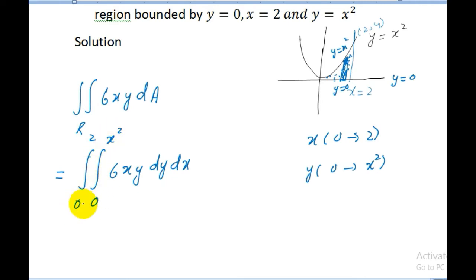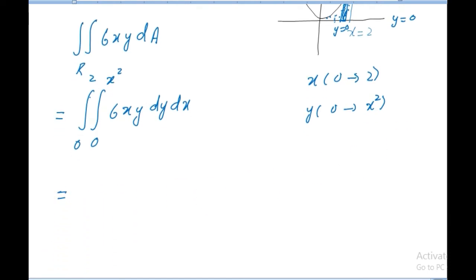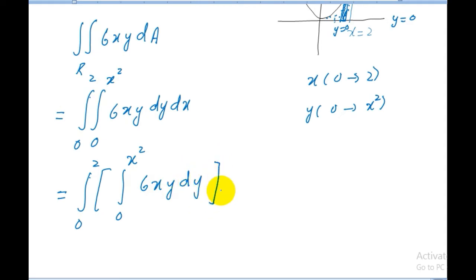So the variation 0 to 2 is the variation of x, and the second variation is the variation of y. So now we integrate this function: integration 0 to 2, integration 0 to x square, 6xy dy dx.